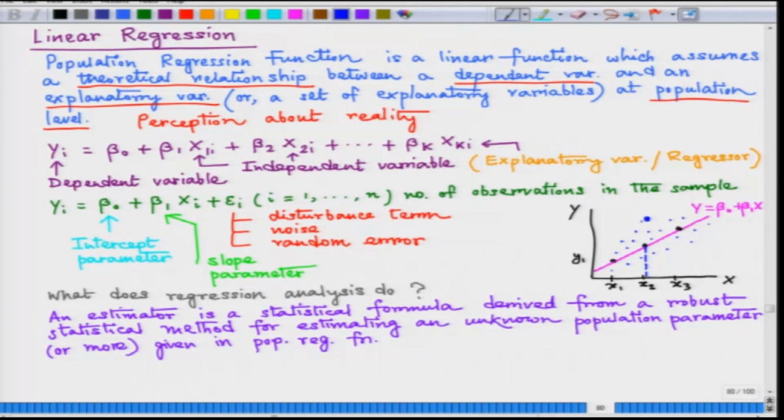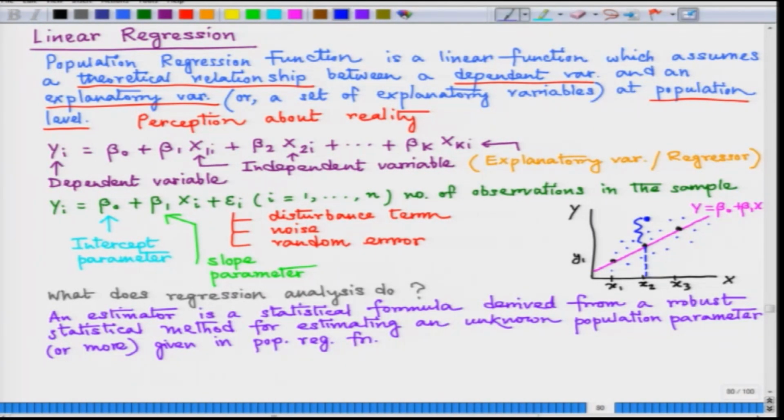So, what is causing this difference? Can we explain this variation in y? That is the problem with which regression analysis is concerned.